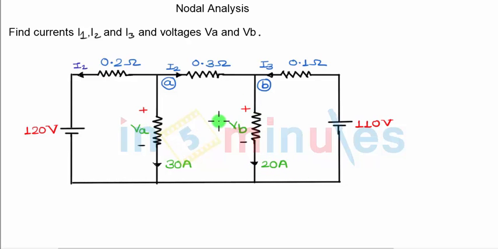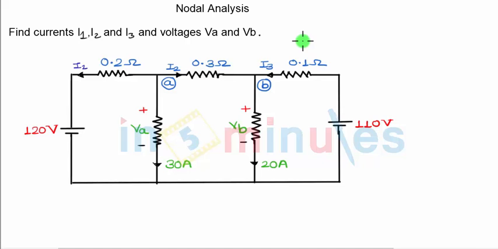So whenever any information like resistor value or voltage or current source value is missing, then some other information must have been given. Only then can we go ahead and solve whatever unknown variables we have in the particular circuit. So in this case, we don't require these resistor values because we know the currents flowing through the branches, and hence we can find out whatever they have asked us to find, currents and voltages.